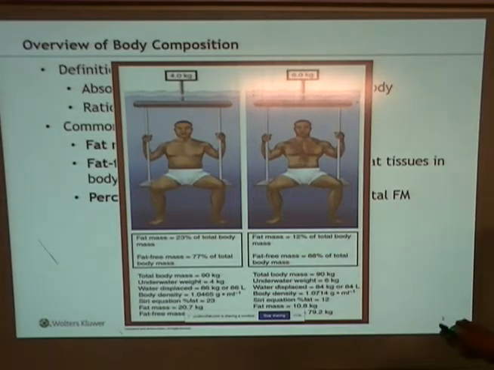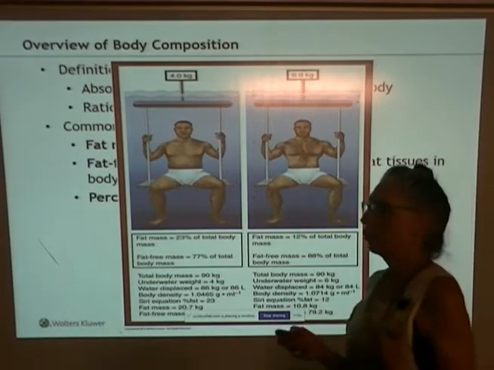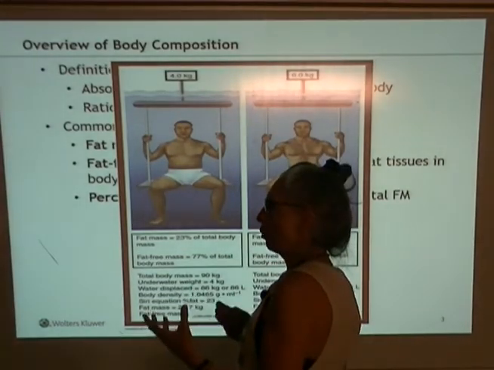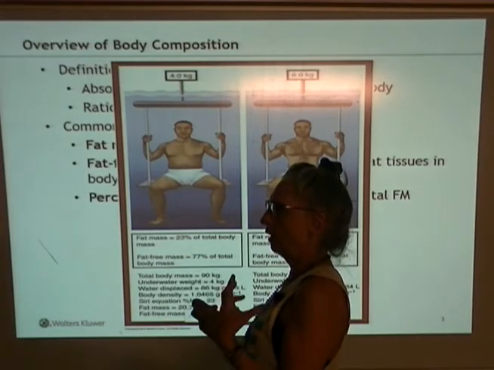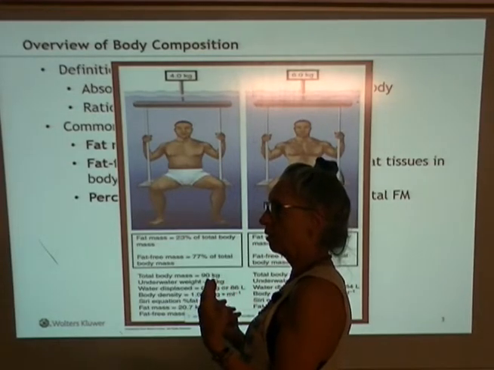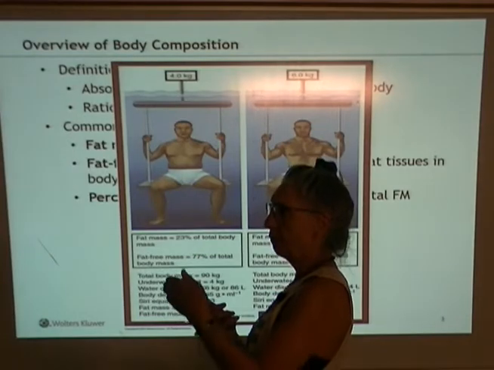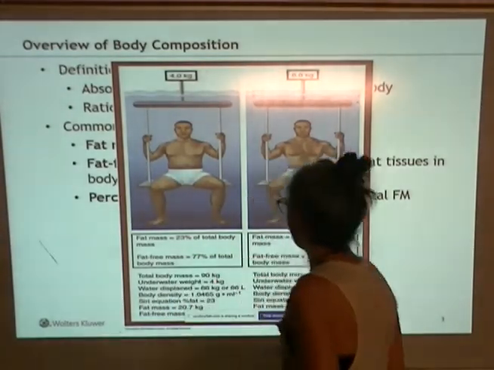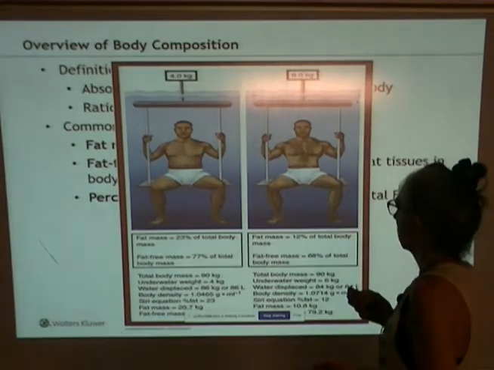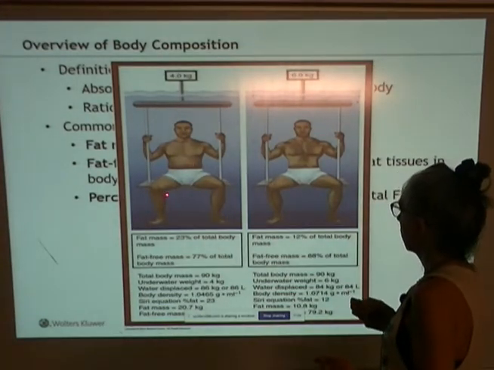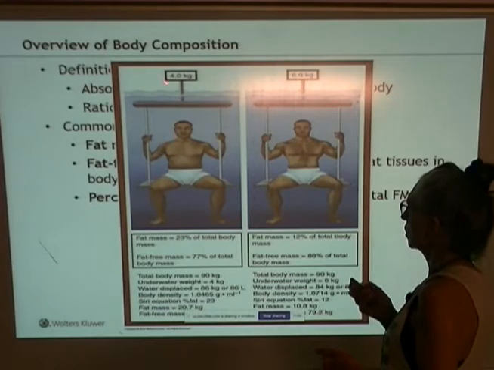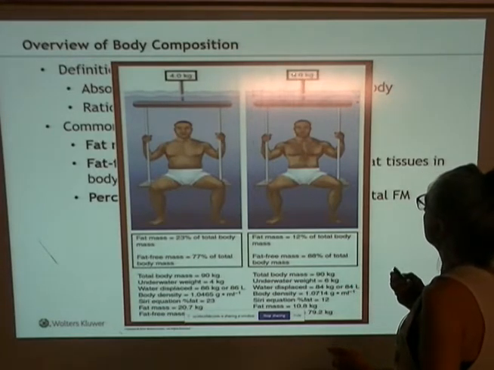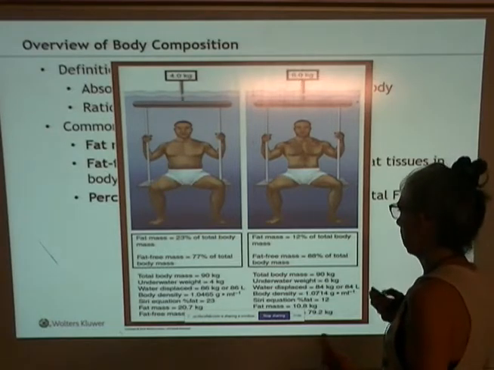When they ran an underwater weighing session with them, and underwater weighing is quite a good way of working out percentage body fat, the chap on the left, his underwater weight was 4 kilos. And chap B, his underwater weight was 6 kilos.